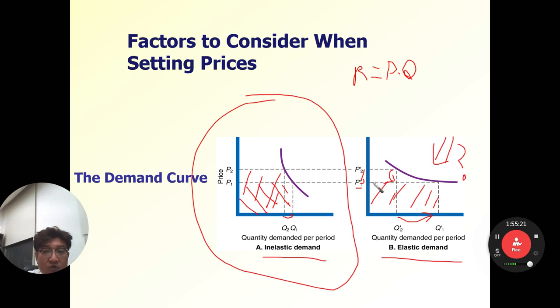You have to keep your price at the lower level, P1. However, what about this? P1 and Q1, even if you increase the price to P2, you're gonna be better off. Right? That is the paradise for the marketer.